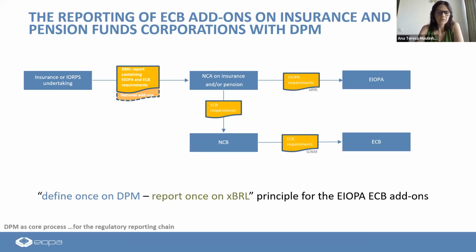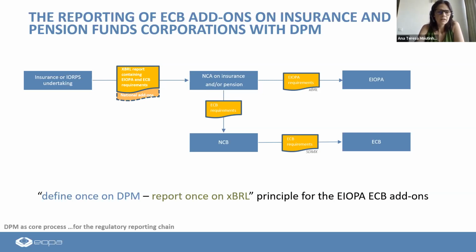Still today, we are discussing with the ECB new add-ons to reflect new business needs that will be in the next release. And it's ongoing, but we are very happy to do it, because this at the end means that insurance companies can actually report once to national competent authorities. In some cases, national competent authorities are the same as national central banks, and then of course it's even easier.